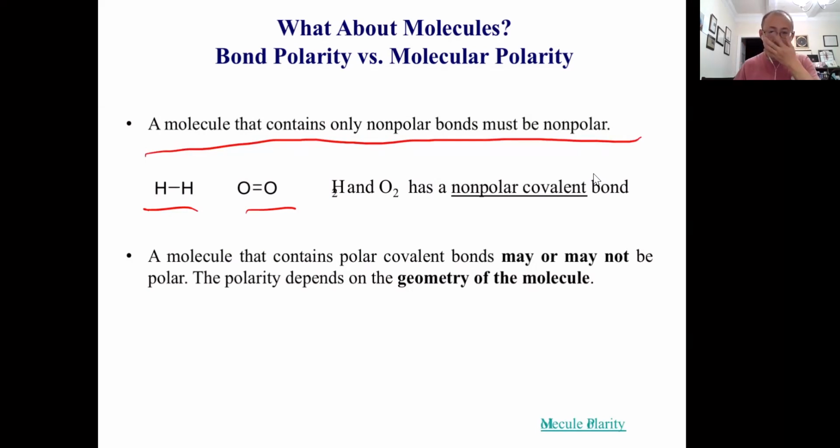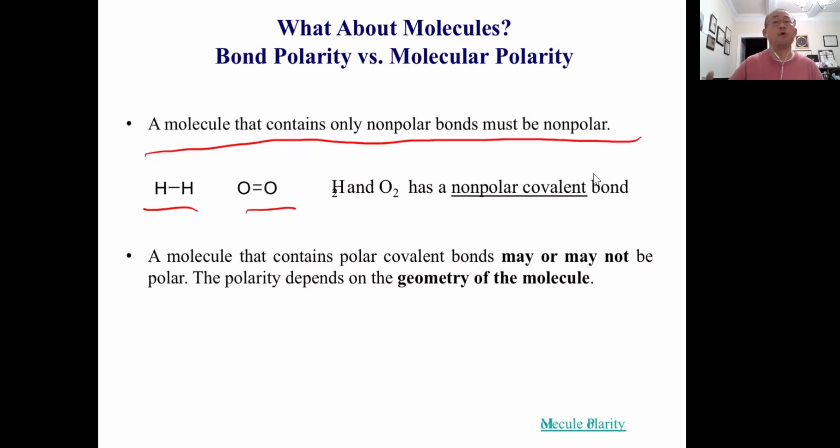Now, for a more complex molecule, such as a molecule containing three atoms or multiple covalent bonds, that molecule may be either polar or nonpolar, even if the molecule contains a polar bond.